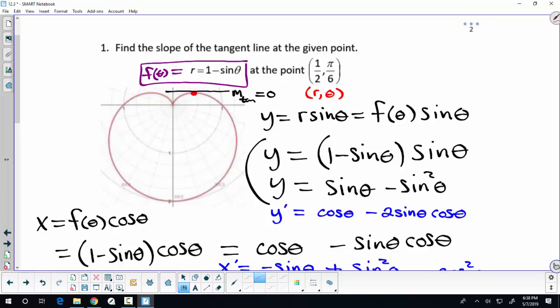This is y equals r times sine theta, where r is a function of theta. So it's backward, because we write the point (r, theta) in polar versus (x, y), which is really (x, f of x).